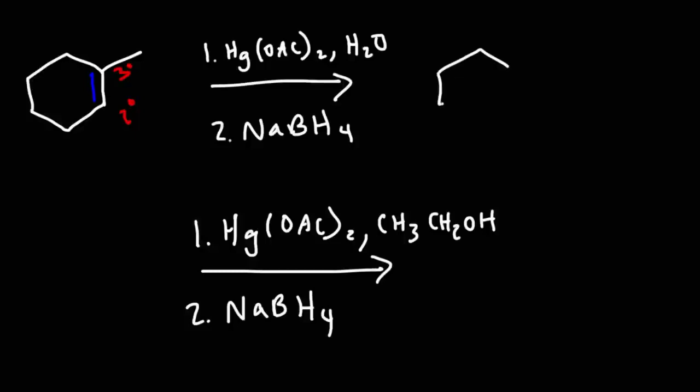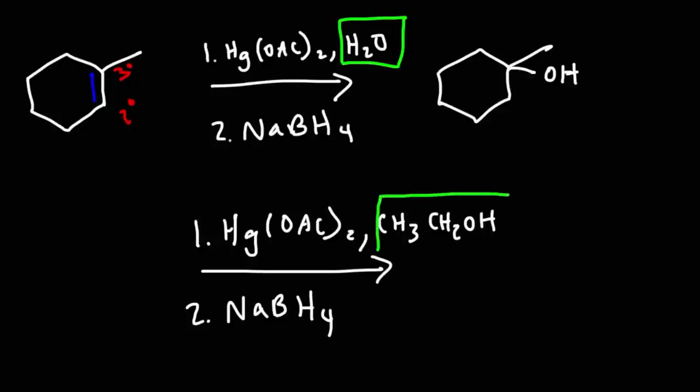So the end result for the oxymercuration demercuration reaction is that we're going to get an alcohol. The nucleophile is water. For the alkoxymercuration demercuration reaction, the nucleophile is not water, it's an alcohol. And whenever you react an alcohol with an alkene, you're going to get an ether.